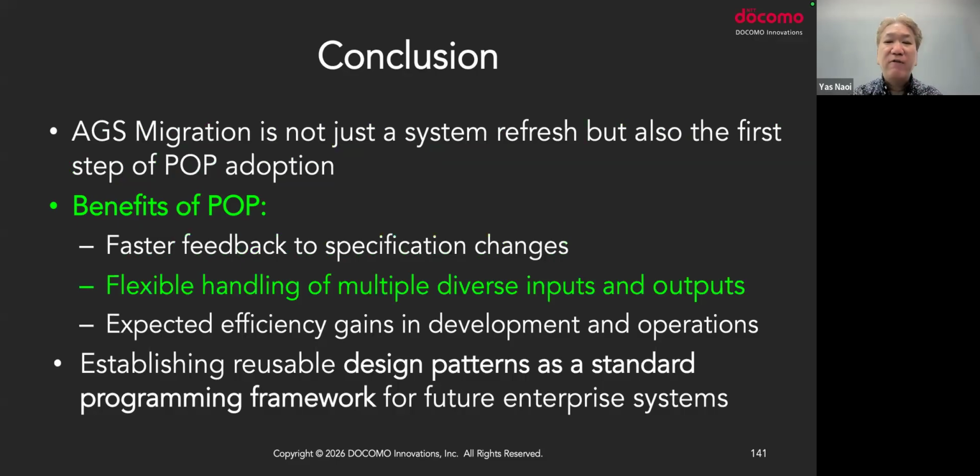Second, flexible handling of multiple diverse inputs and outputs, which allows the system to adapt across different use cases. And third, expected efficiency gains in both development and operations compared with traditional code-centric systems.